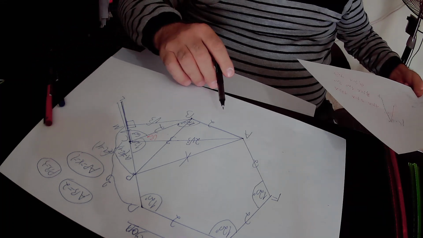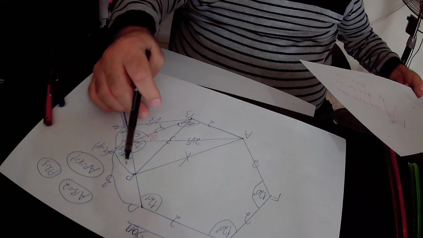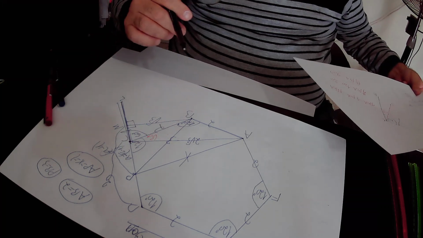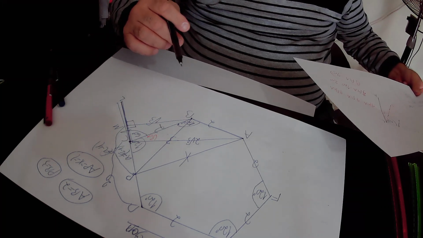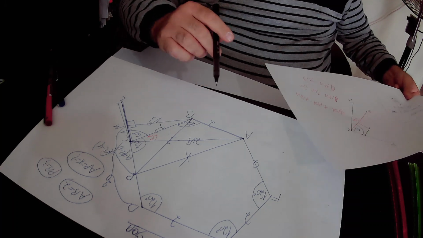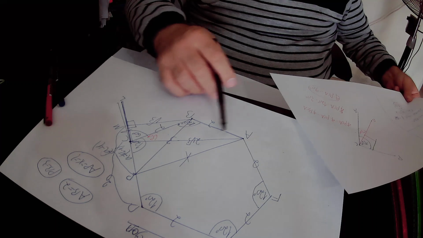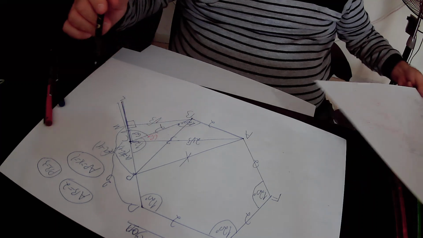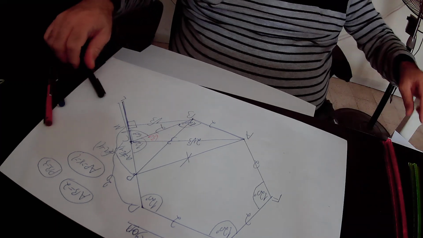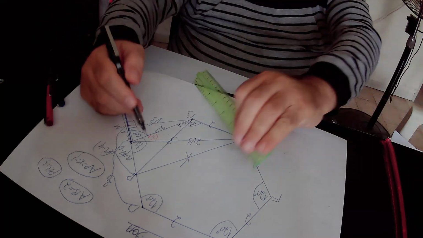So this is the missing angle, angle PCA. Angle PCA is the missing angle, and it is equal to 90 degrees.